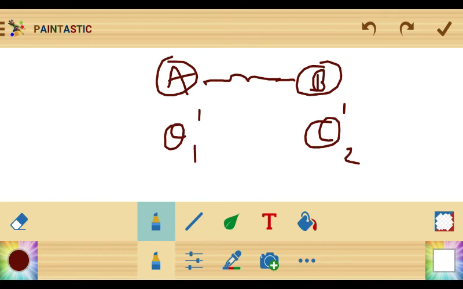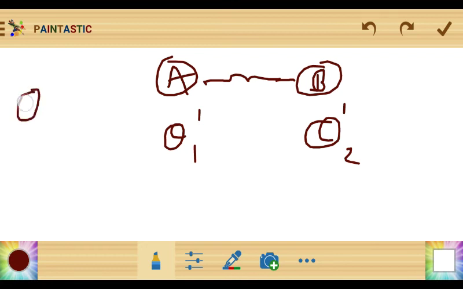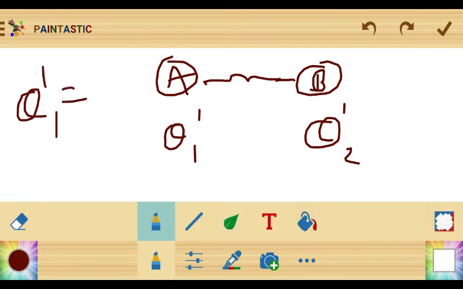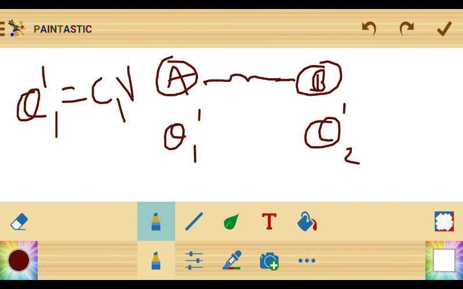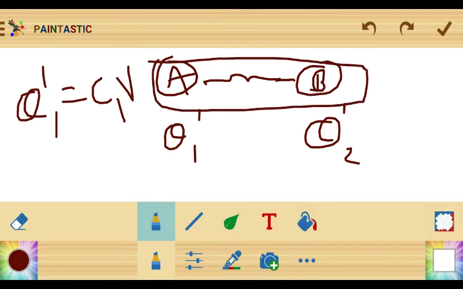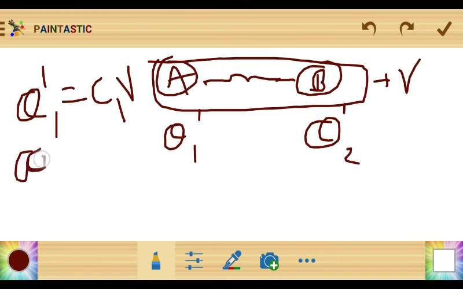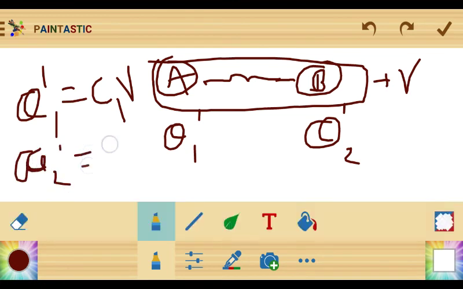Okay, so Q1 dash is equal to C1 into V, because both the systems are now at potential V, which we have just calculated. So Q1 dash is equal to C1 V. Similarly, Q2 dash is equal to C2 V. Capacitance will not change, only the potential changes once they are connected.